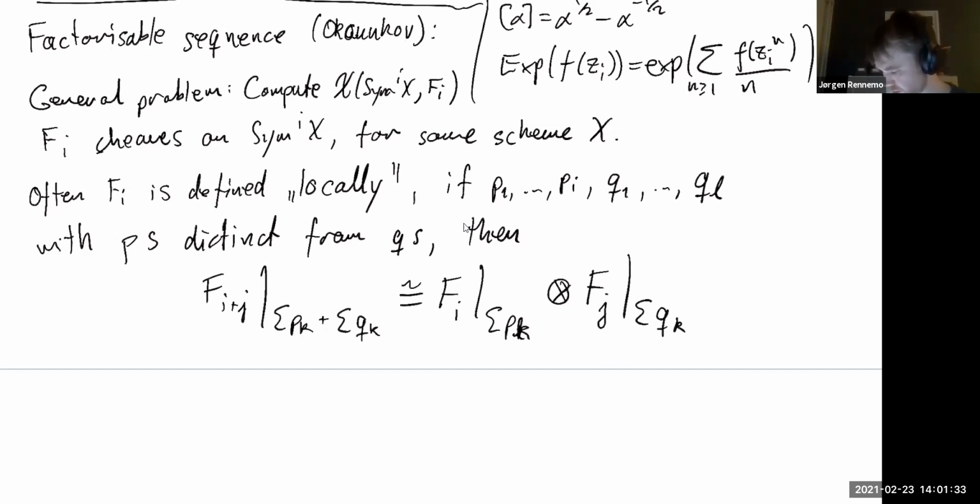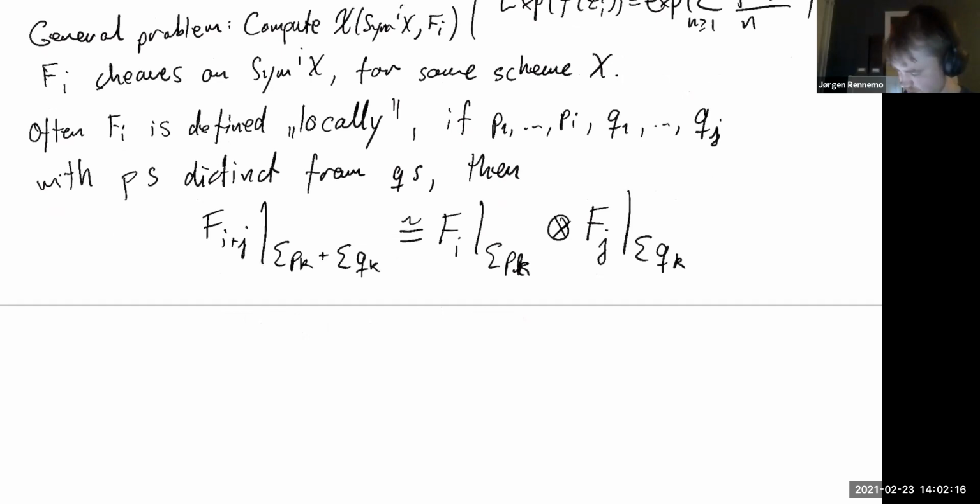I'm messing up my indices here, sorry. So there's I and there's J. The criterion we want on our sequence of sheaves Fi is that evaluating it at some point of this form, you should be able to do that by evaluating Fi on the first group of points and tensoring with the evaluation of Fj on the second group of points. So that's the rough idea. Well, that's half the rough idea of factorizability.